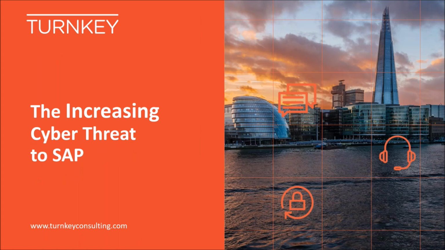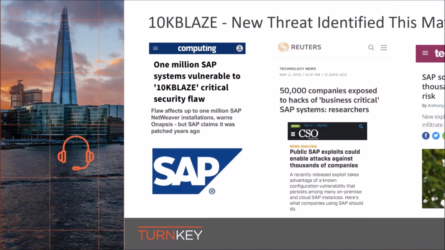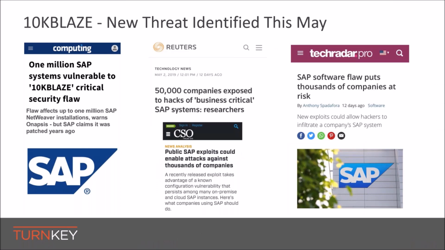So just thinking about the increasing cyber threat to SAP. The first thing I wanted to do was flag a recent threat that's been identified last month, 10KBlaze. Lots of publicity around that. It was highlighted by Onapsis, a flaw in SAP code that can be resolved with patching and some modifications to your SAP gateway.